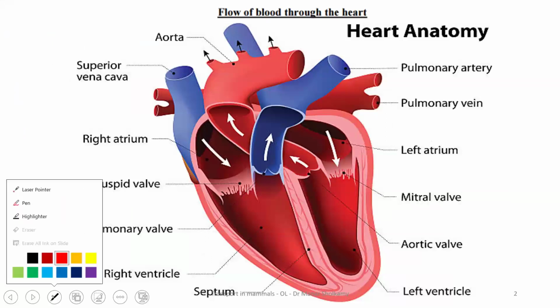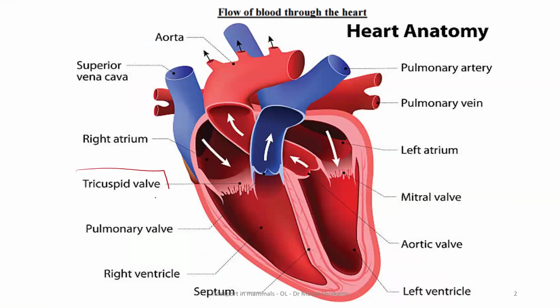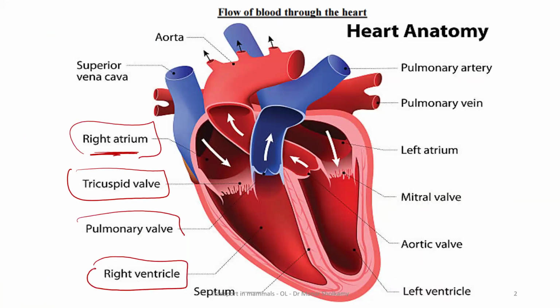And this picture is showing you the valves. You have the tricuspid valve in the right side of the heart between the right atrium and the right ventricle. And here I have the mitral valve in the left side of the heart between the left atrium and the left ventricle. This is called the mitral valve or the bicuspid valve.